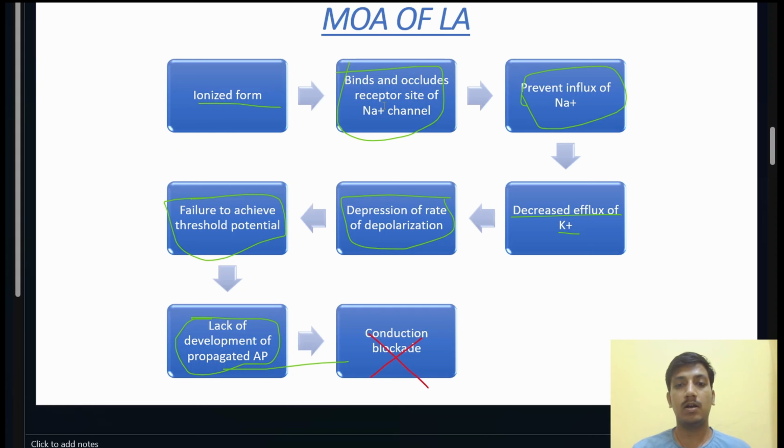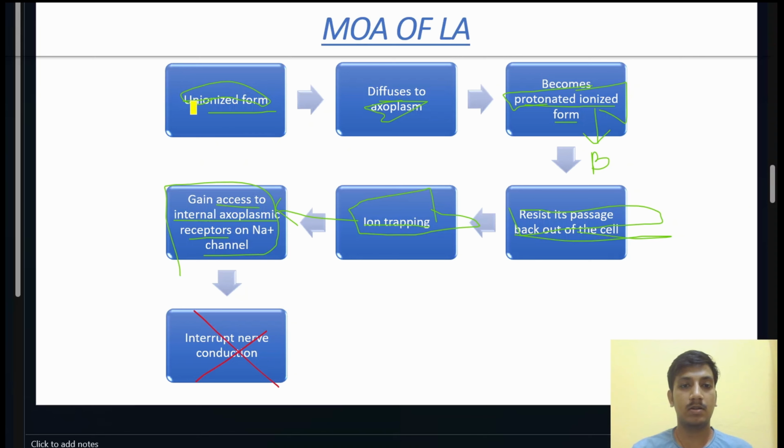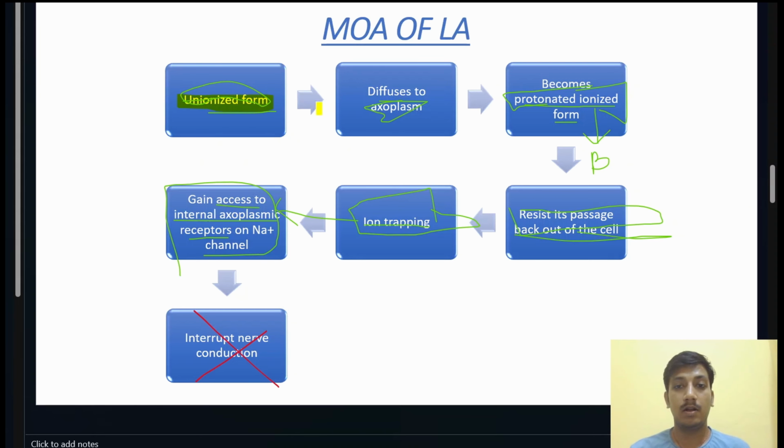I have to clear one thing: the ionized form, which is in the tissue spaces, binds and occludes the receptor site of the sodium channel on the outer surface of the sodium channel. But the unionized form diffuses to the axoplasm and becomes protonated, and gains access to the receptor on the sodium channel which is internal with respect to the axoplasm, and that interrupts the nerve conduction.